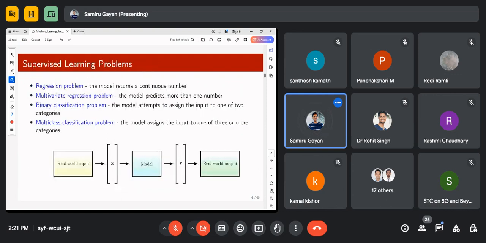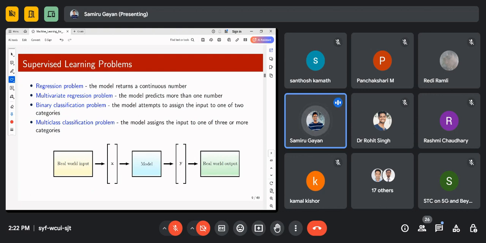Okay. Now we can simply divide the problems that come under supervised learning into four main categories: regression, multivariate regression, binary classification, and multi-class classification. We can think of each wireless communication related problem under these categories.